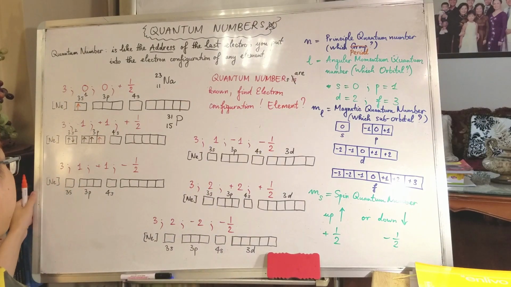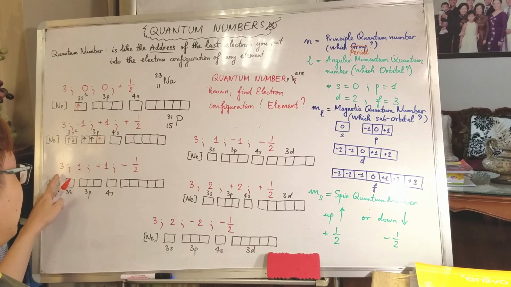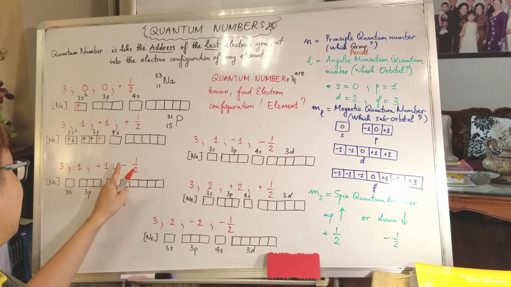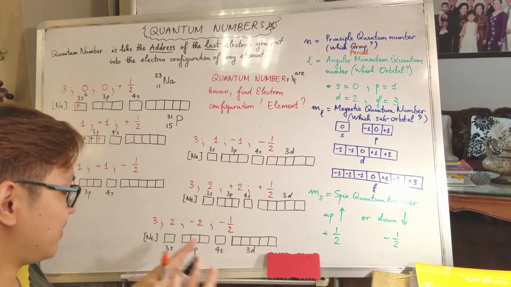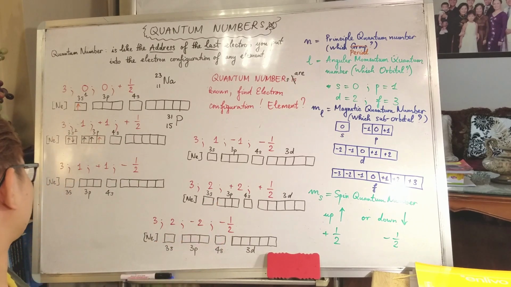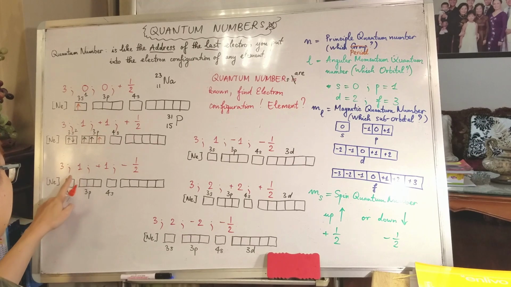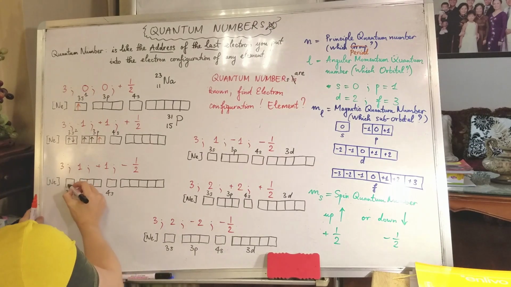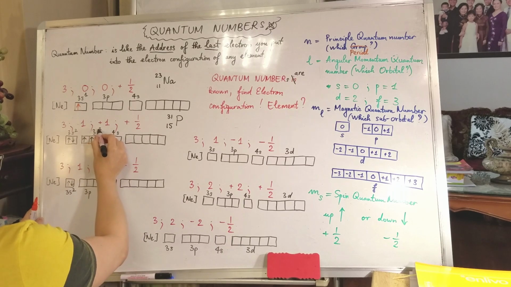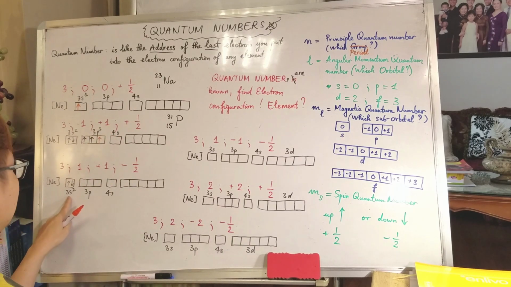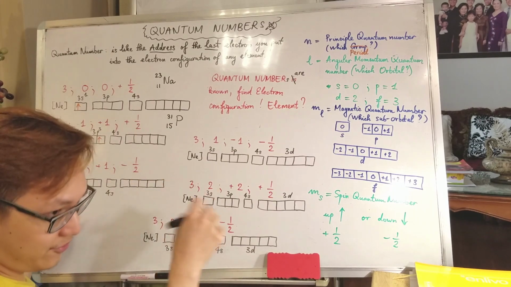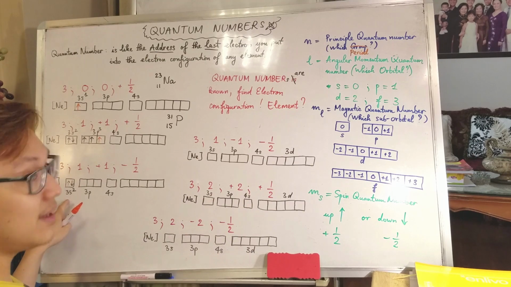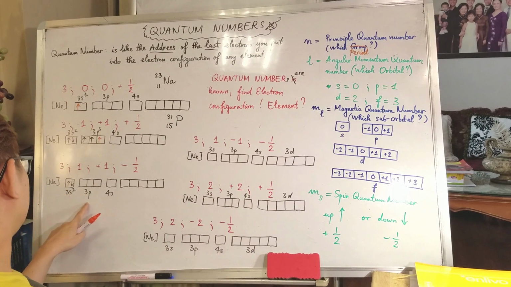Okay, case number 3. You have 3, 1, plus 1 and minus half. So this is a bit different situation now. Third period, it's a P. So when it reaches P, you know the 3s has to be already fully filled, up and down.